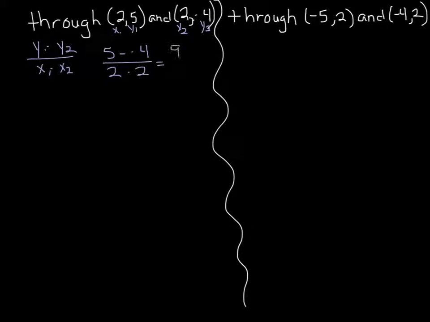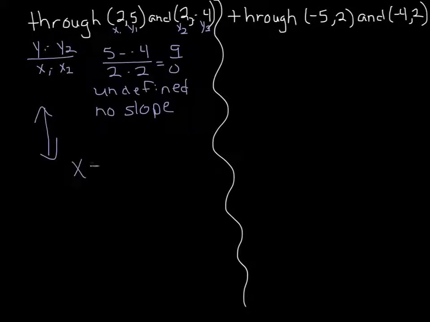So you get 9 over 0, which is undefined, or no slope. So again, we have a vertical line. We have an x equals a number. Well, if you look at these points, on both of them, x is 2. So that could be your clue that x equals 2, right there.